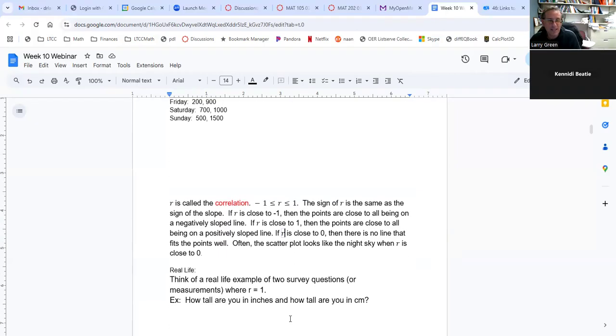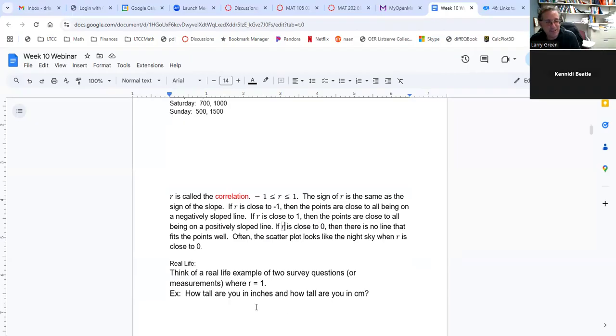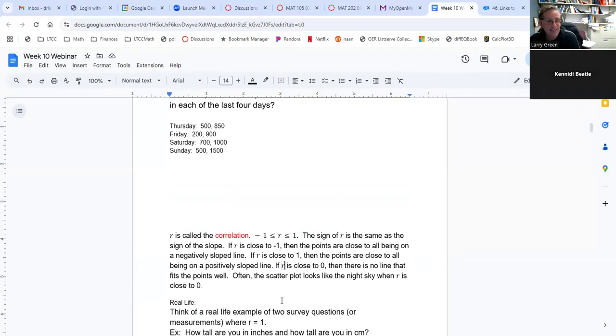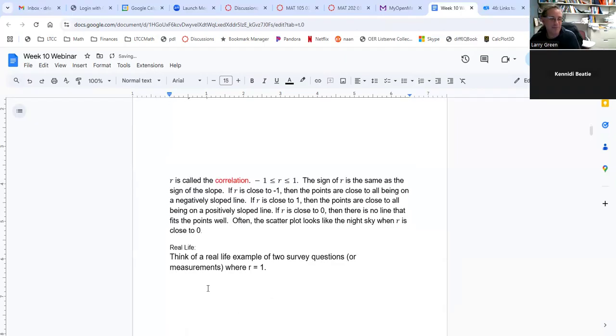Okay, let's look at some examples and let's see if you can come up with some examples. Can you think of a real life example of two survey questions, or they could be measurements, where R equals 1?